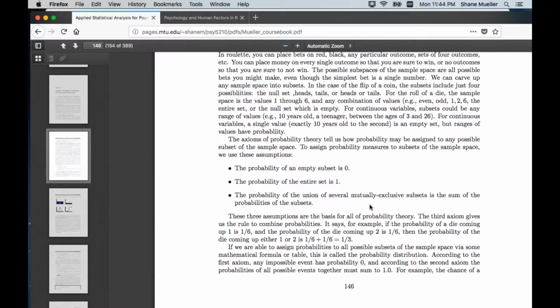So if you have this measure that says the probability of some set is something, and you add to it another subset.